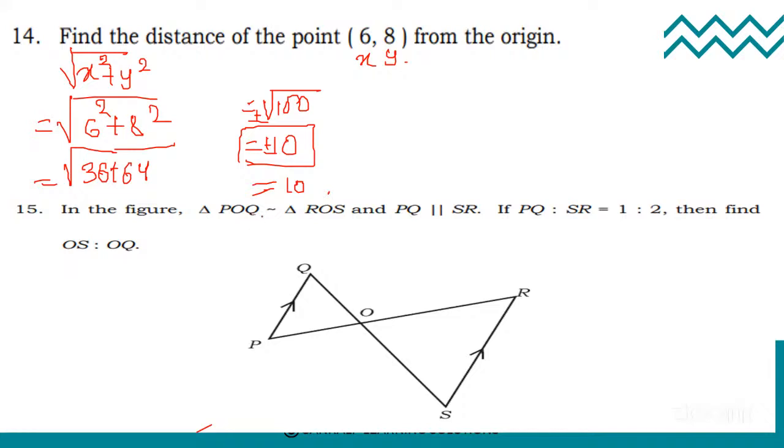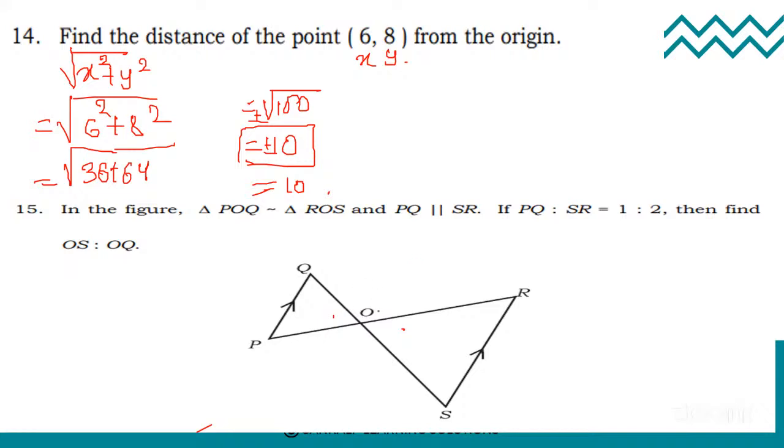In the given figure, triangle POQ, this triangle is similar to triangle ORS, and PQ is parallel to SR. If PQ is to SR is 1:2, then find OS is to OQ.